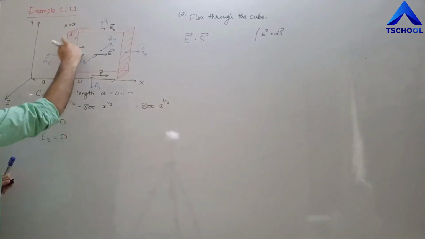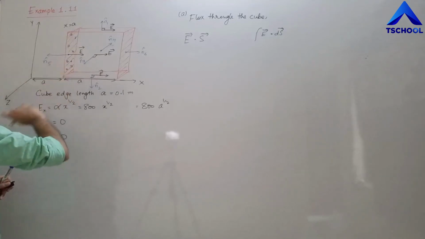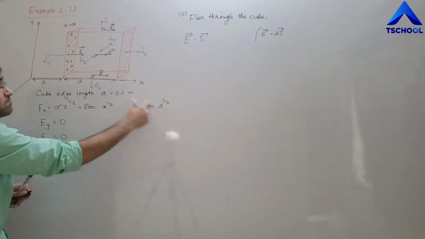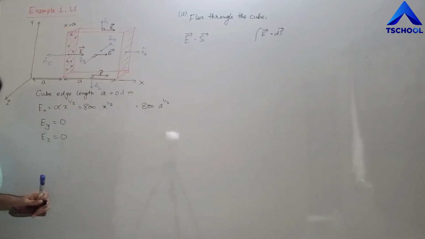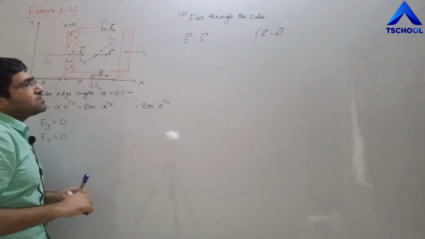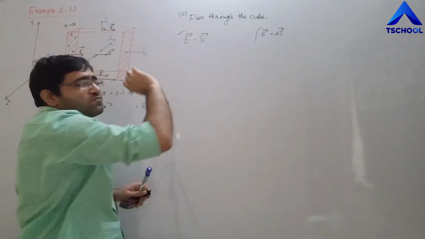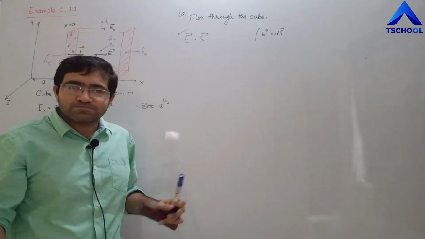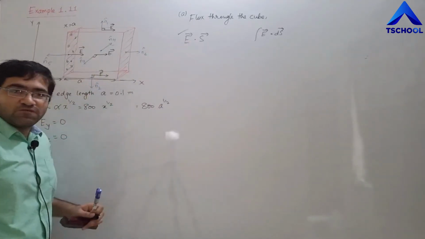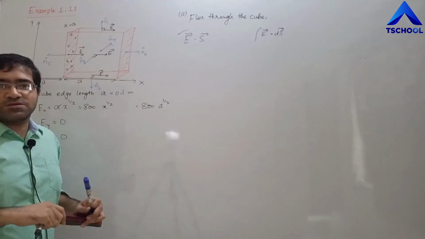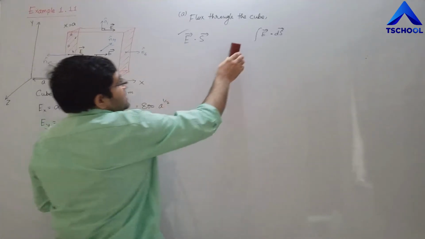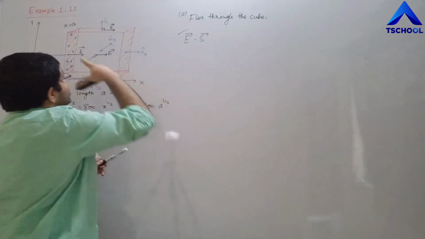Right now we are talking about this surface number 5. For all the points on this surface, the value of Ex is the same because the x coordinate is the same. So as far as this surface is concerned, we can say that the field is uniform and we can use that formula. Because the surface is flat and we can consider the field to be uniform as far as that surface is concerned, there is no need to use the integral for number 5.